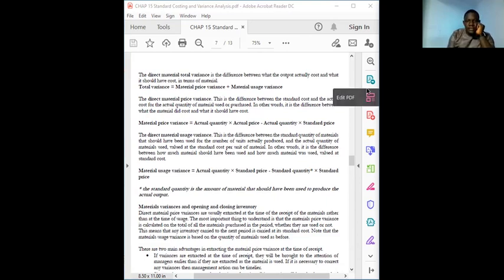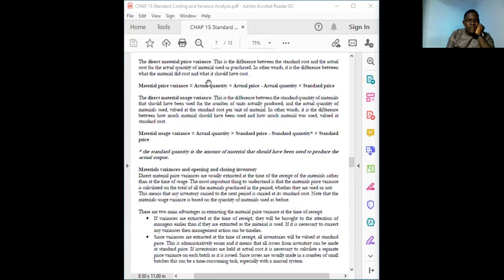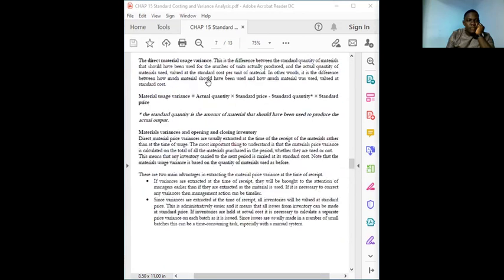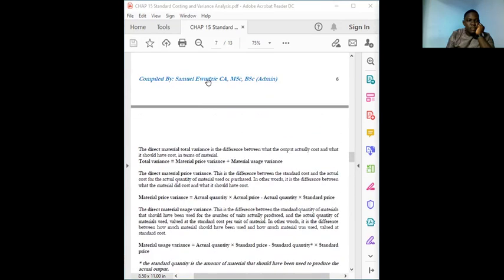So you're looking at the various types of variance. The first one we looked at is the total direct material cost variance.